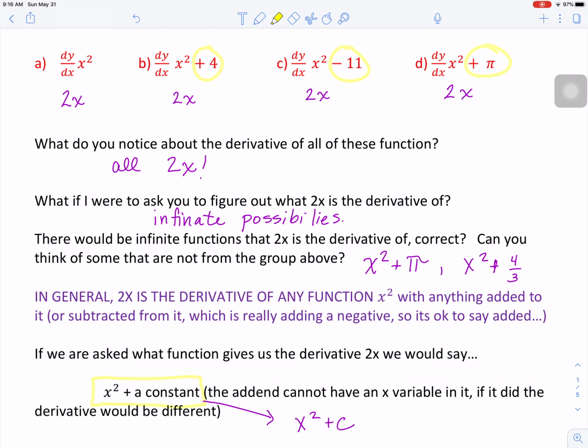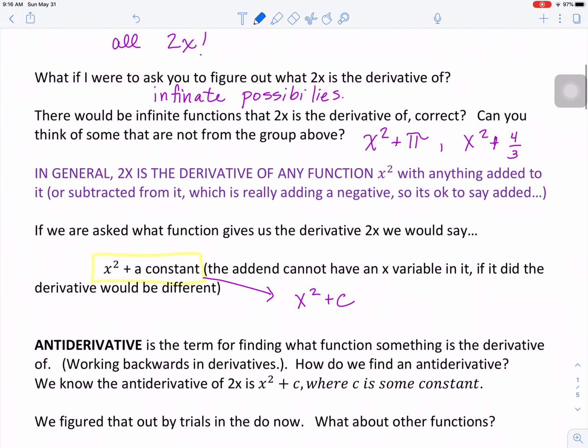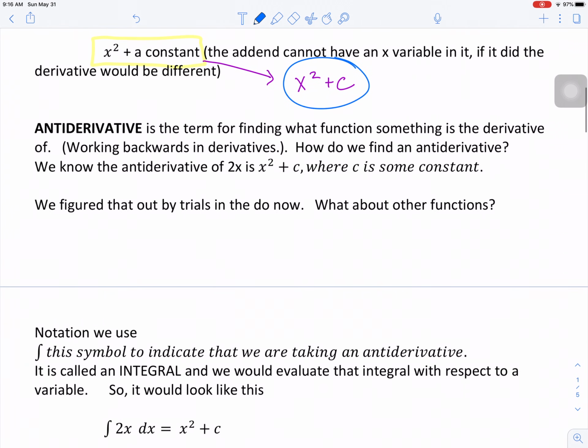So x squared plus 4, x squared plus 11, x squared plus pi, x squared plus 146. Doesn't matter. Or x squared minus 246. It could be the derivative of any of those. So in general, 2x is the derivative of any function x squared with something added or subtracted to it, which we say x squared plus a constant.